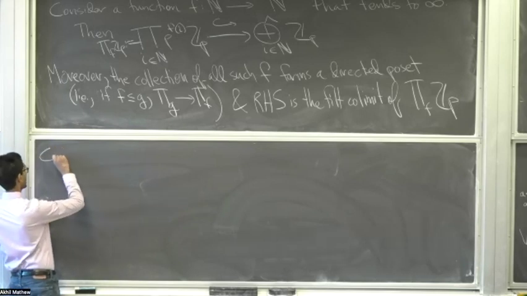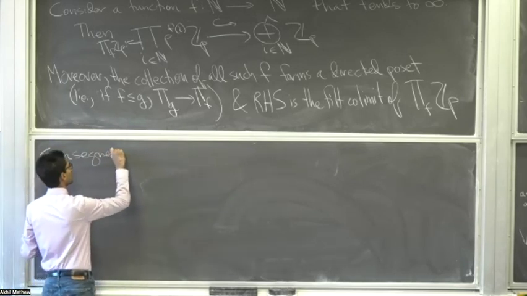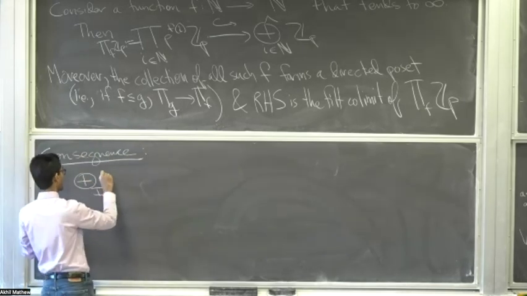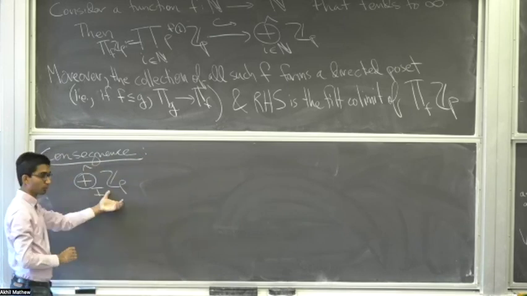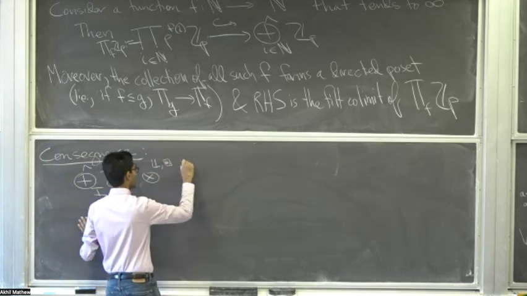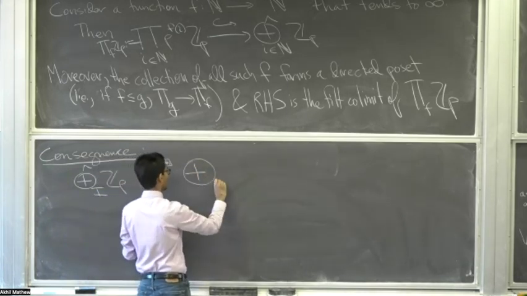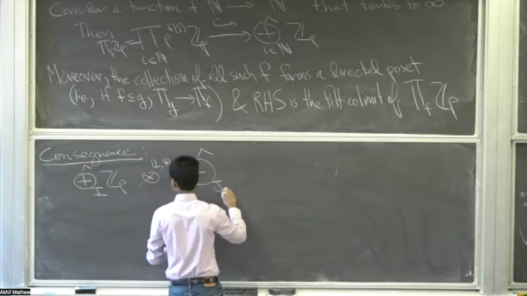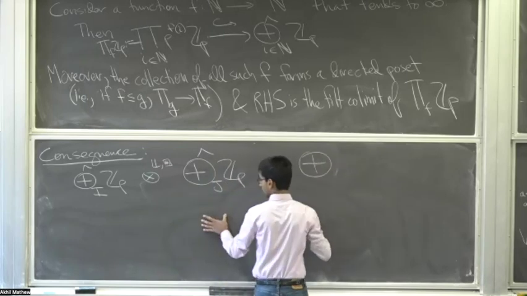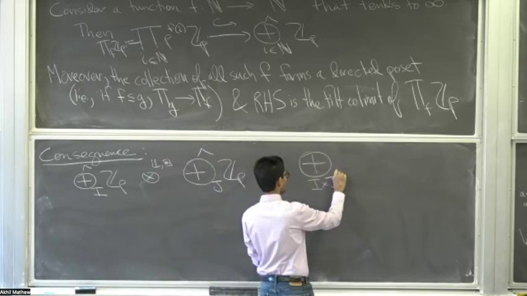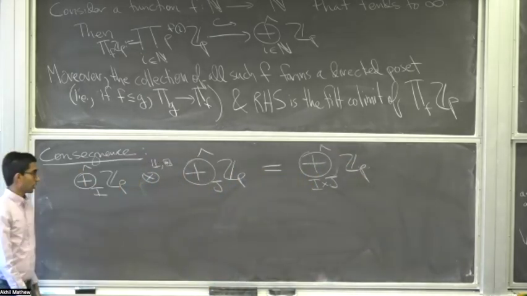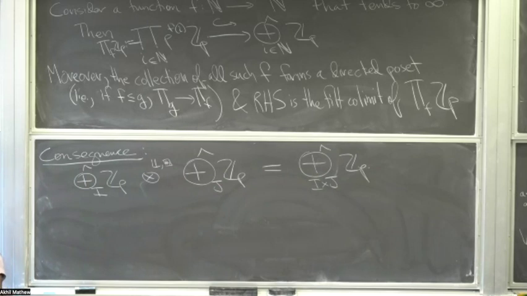The consequence is that if you take, let's say, a completed direct sum of copies of Z_p indexed over a countable set, and then take the derived solid tensor product with another countable completed direct sum of copies of Z_p, this is again the completed direct sum. You get the expected answer.